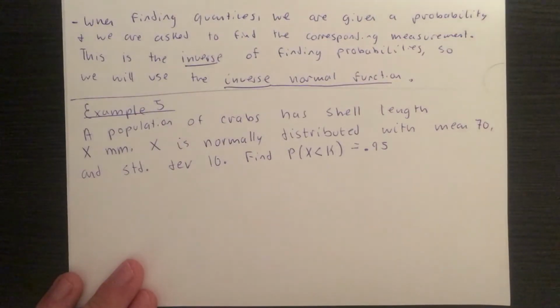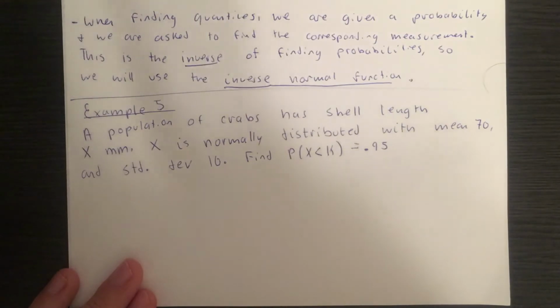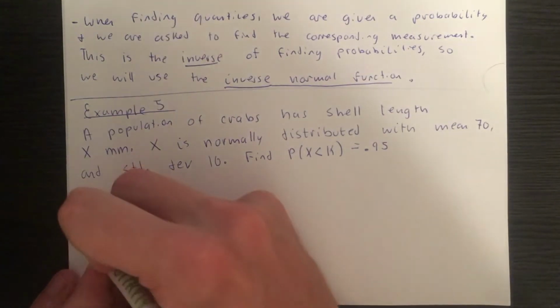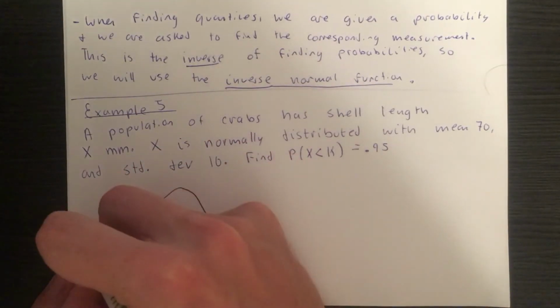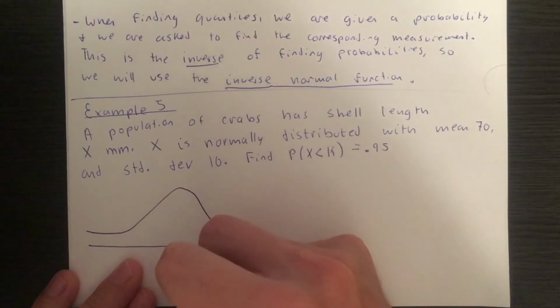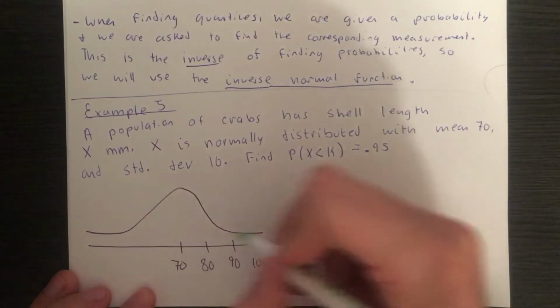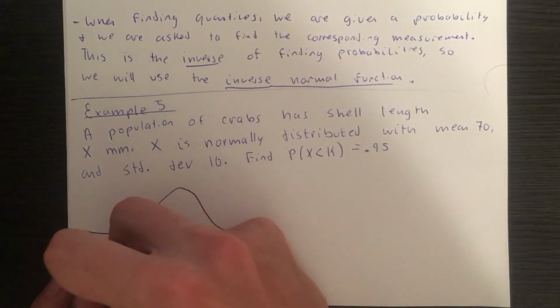To set the scene, using this crab example, a population of crabs has a shell length of X millimeters. We're saying X is normally distributed, with a mean of 70 and a standard deviation of 10, and we want to know what would constitute the 95th percentile. So 70, we've got 80, 90, 100, we've got 60, 50, 40.